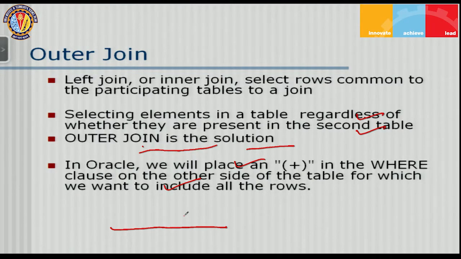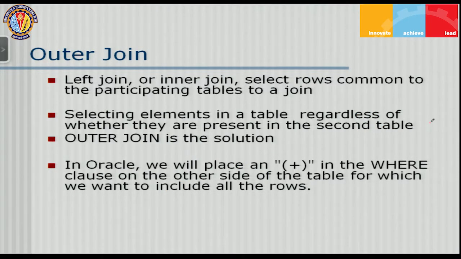So outer join, let me clear this annotation. A left outer join or inner join selects rows common to the participating tables of a join. This is the conventional join as we denote it like this. Okay, selecting elements in a table regardless of whether they are present in the second table or not.